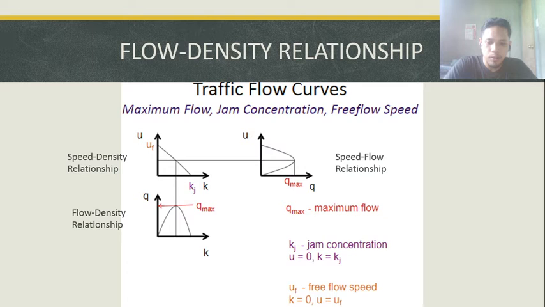If the speed U is 0, then K is maximum. Then U sub f, the free flow speed, occurs when the density K is 0, and the speed is equal to the free flow speed.